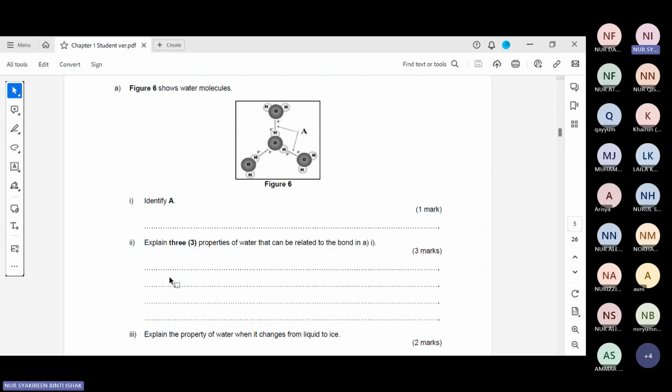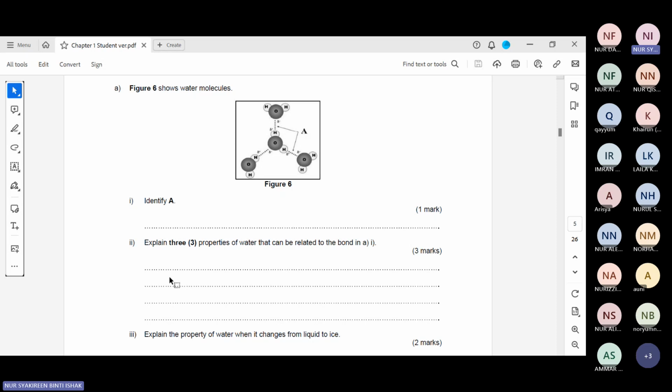heat of vaporization. Dia sambungan daripada high specific heat capacity tadi kan. Heat of vaporization is the heat a liquid must absorb for 1 gram to be converted into gas. So air dalam bentuk liquid has to absorb so much heat so that the hydrogen bonds, especially at the surface of the water, can be broken and the liquid can be released as gas.